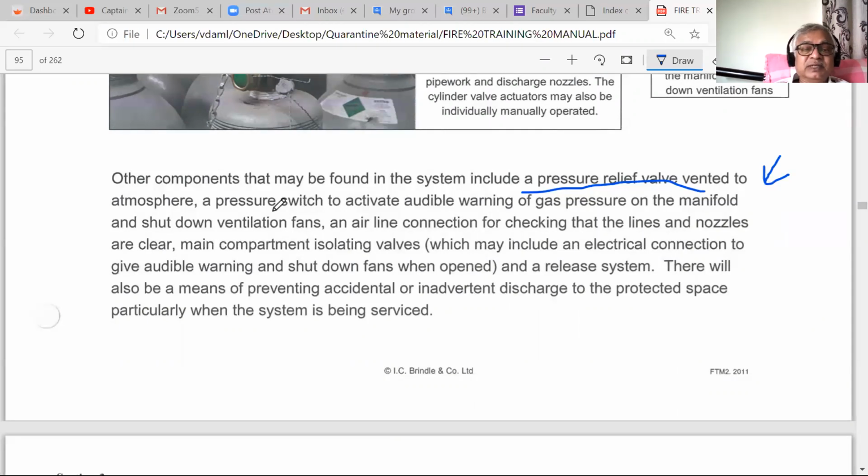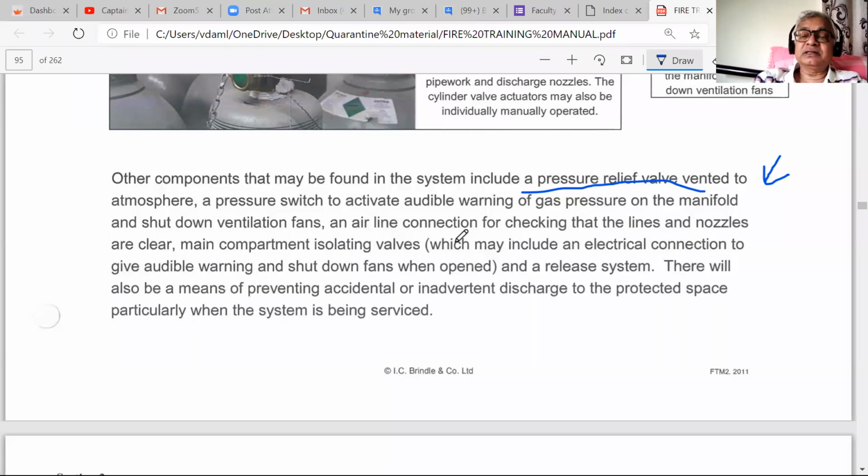Now, there are quite a few pressure switches, and these pressure switches are there to set off alarms. There are many types of alarms. Another important thing is that there is a connection of an airline to the system, and there is an isolation process and all to blow the piping clear.